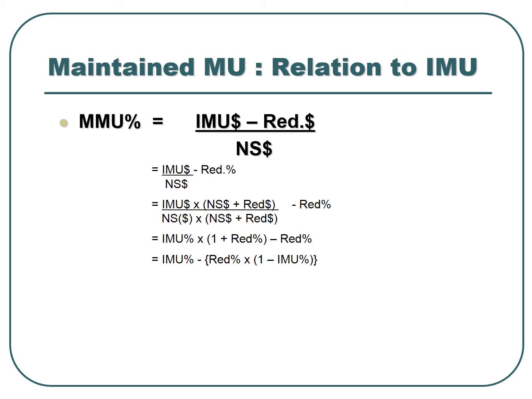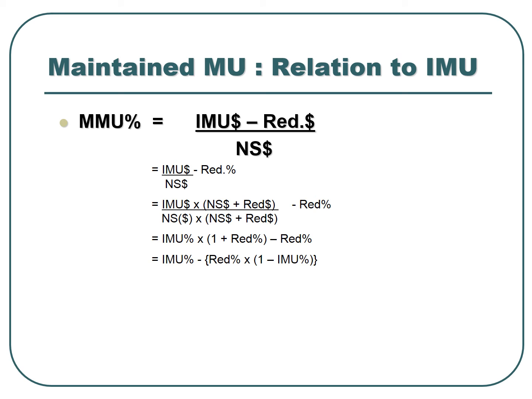That leads to the next stage, where you can see the IMU dollar over net sales dollar plus the reductions part, which can be translated into IMU percent. And that times net sales dollar over net sales dollar gives 100% plus the reductions dollar over net sales dollar, which is the reductions percent. And then you have the minus reductions percent there. Then we can translate this into IMU percent minus reductions percent times 1 minus IMU percent.